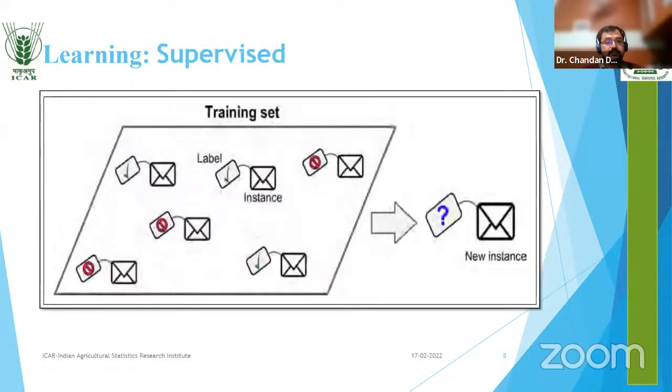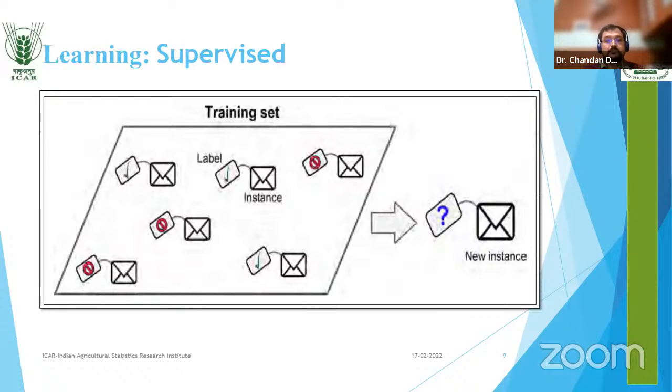learn by itself. So in supervised learning, let's take the example of mail classification, that is, whether this mail is harmful to you or not. The harmful mail is called spam, and on the other hand, the mail which is not harmful is generally called ham.